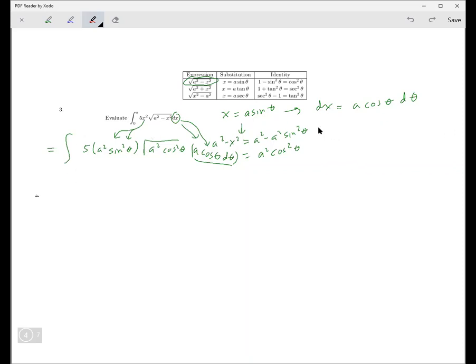So x equals a means a sine theta equals a. Sine theta is 1, so theta is pi over 2. And then for the lower limit, a sine theta equals 0, which means theta is 0. So you're integrating from 0 to pi over 2.